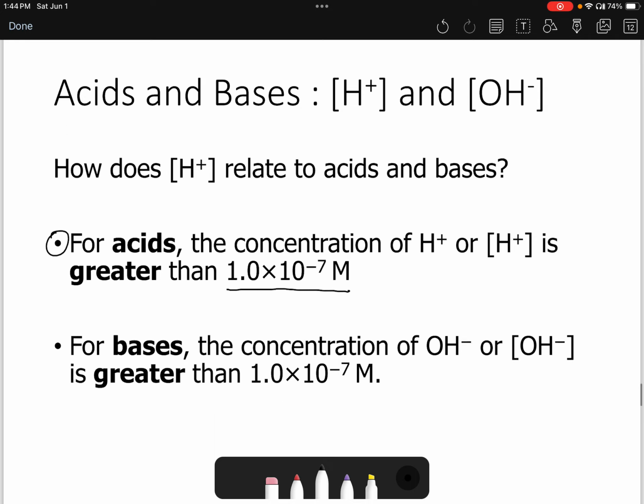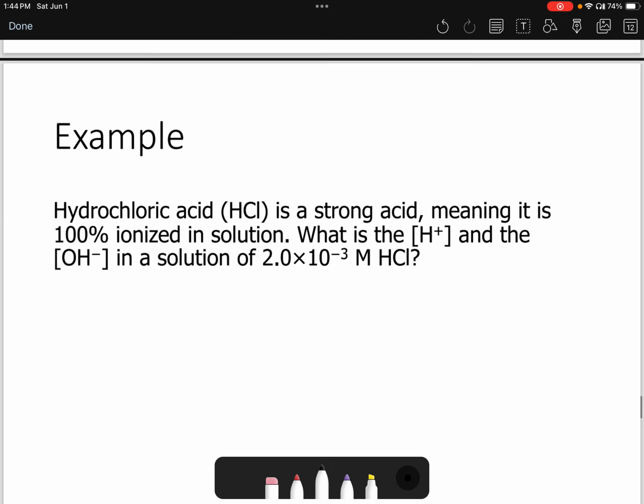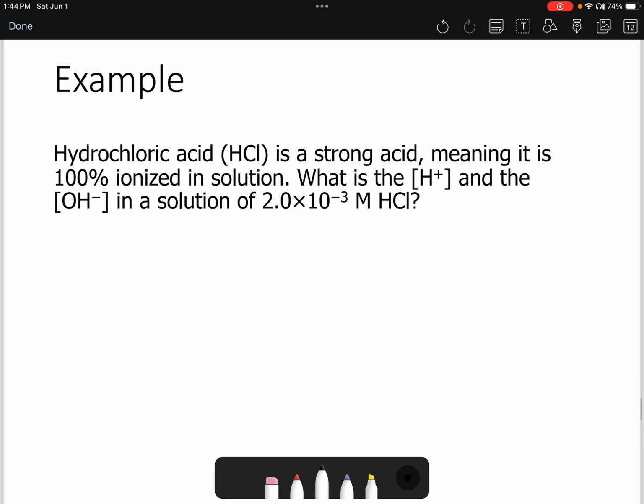So let's look at an example. Hydrochloric acid, HCl, is a strong acid. We saw that earlier. And that means that all of the hydrochloric acid molecules completely ionize in solution. So remember, HCl completely ionizes in water to produce hydrogen ions and chloride ions.